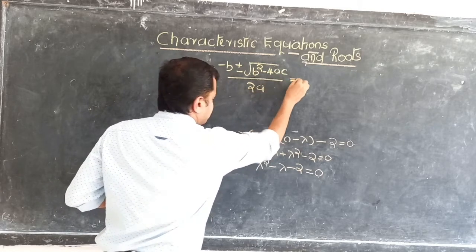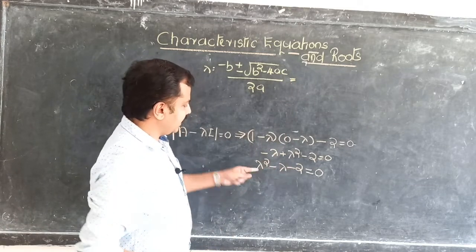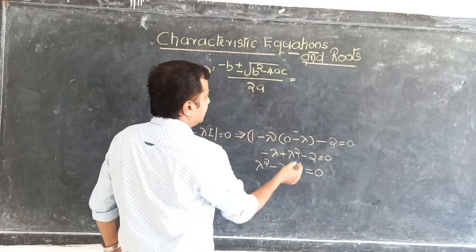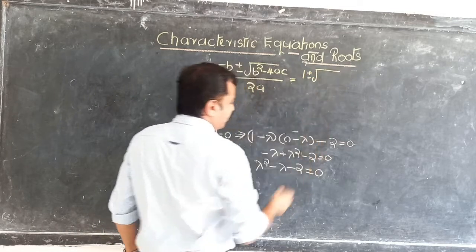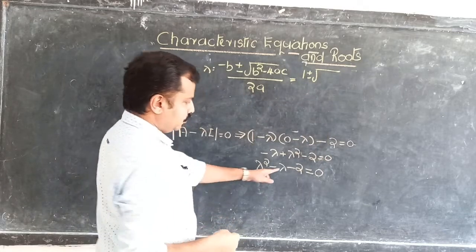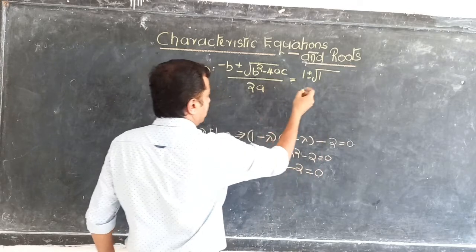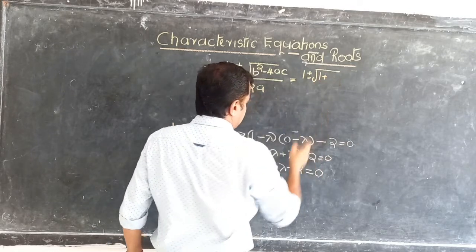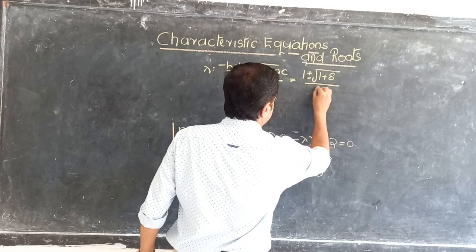If we treat this as a, this as b and this as c, then the solution will be minus b, means 1, plus or minus root of b square minus 4ac. b square is 1 obviously, so 1 plus 8, divided by 2a, means 2.